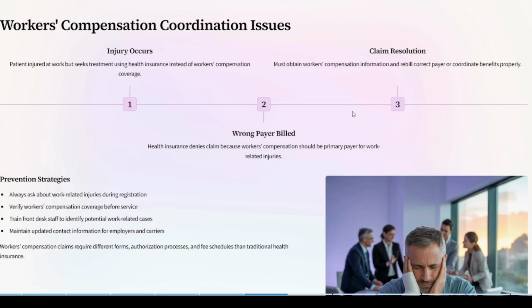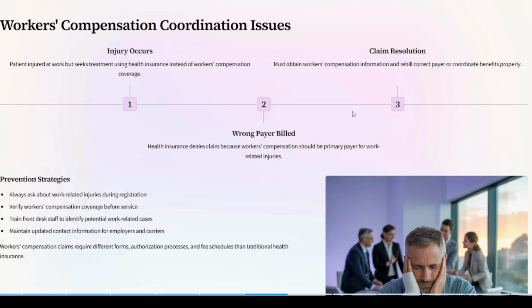All right. So, what are some prevention strategies for this particular type of denial? We want to always ask, is this a work-related injury, during registration? That is one of the first questions that they ask you when you're going to the doctor. Is this work-related? All right.